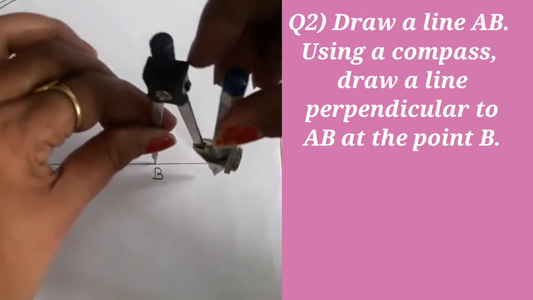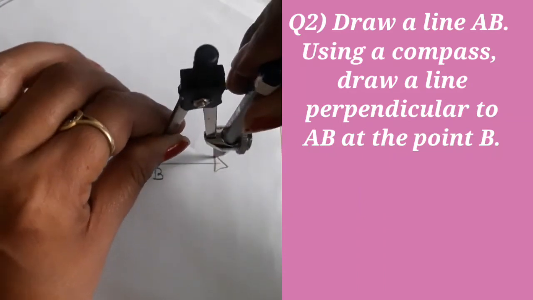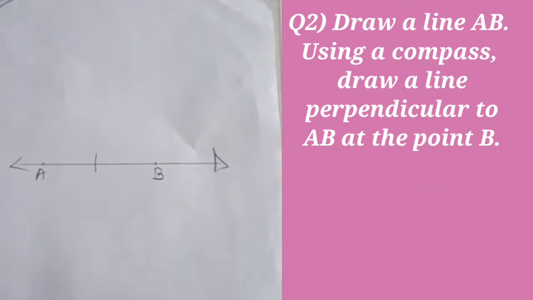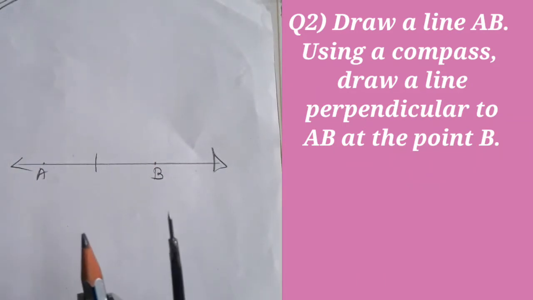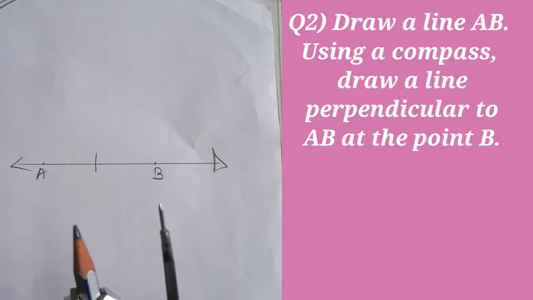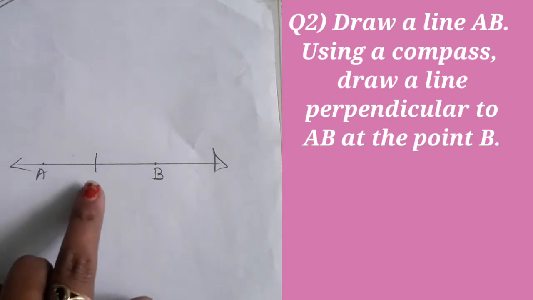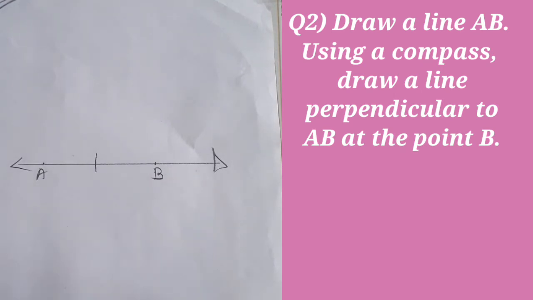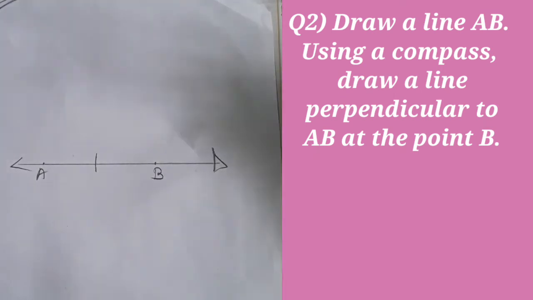One arc should go to the right side, one arc to the left side. In this compass we can take any measurement. So I have made two arcs, one here, one here. By using these two arcs we can make a perpendicular line.